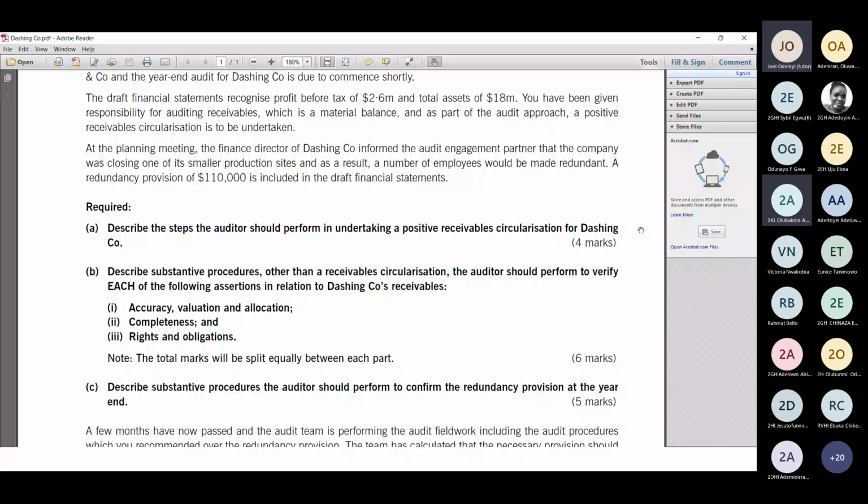Because what you want to check is whether there have been sales that have not been recorded in the sales ledger, right? So you take a random invoice and trace it to the sales ledger. If it exists in the sales ledger, it most likely exists in the receivables ledger as well, because there is a connection between sales and receivables. That's why you can trace it to those ledgers, and that's why it's a valid procedure.